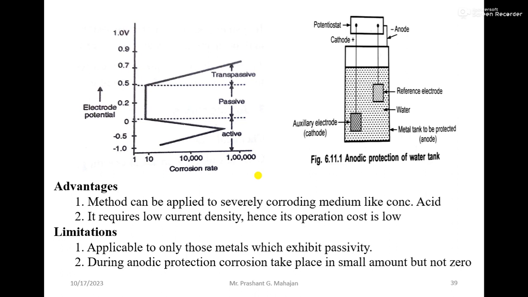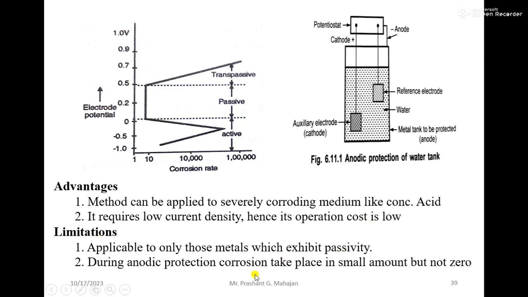There are some limitations and advantages of this method. First, the method can be applied to severely corroding media like concentrated acid. It requires low current density, hence its operation cost is low. Limitations: it is applicable only to those metals which exhibit passivity.